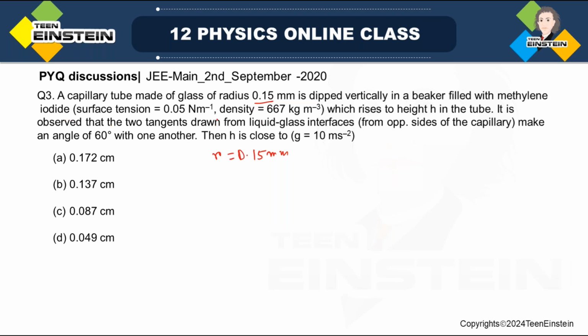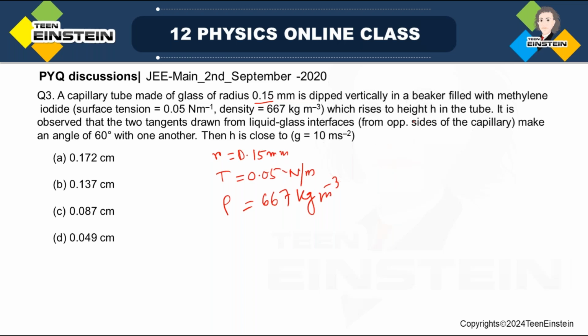Okay, so this methylene iodide, the surface tension is given in Newton per meter, and density is given, rho 667 kg per meter cube. So these are the known terms here.